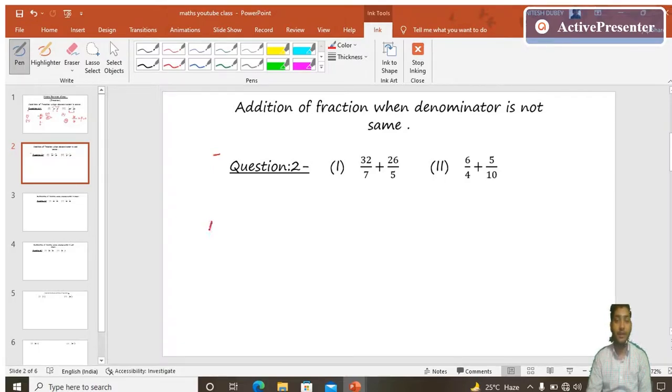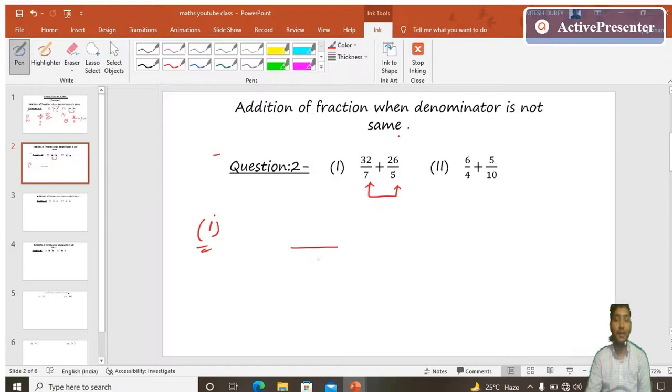In this process you will just take the LCM of the denominators. So if you are taking the LCM of the denominators 7 and 5, I hope you can take the LCM because we have taught you earlier how to take LCM. If you are unable to take the LCM of two numbers, you may watch a further video, where I hope your concept regarding the LCM would be solved.